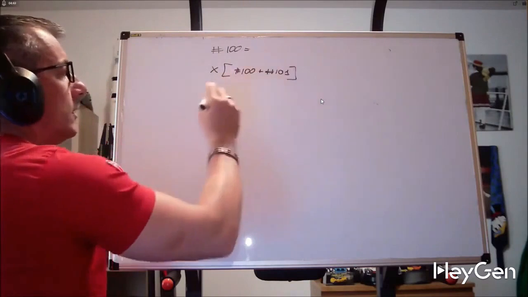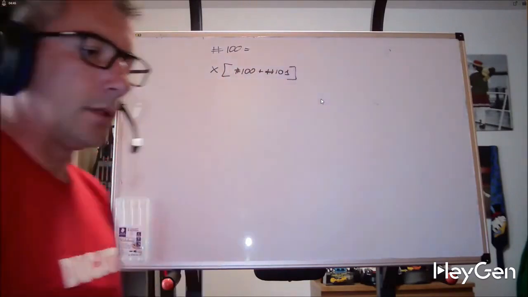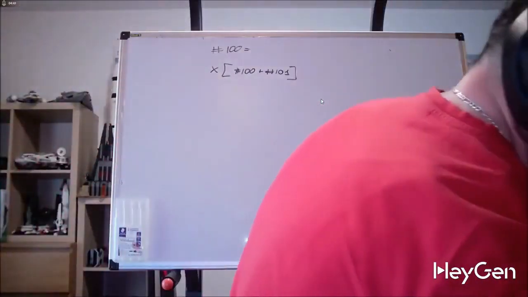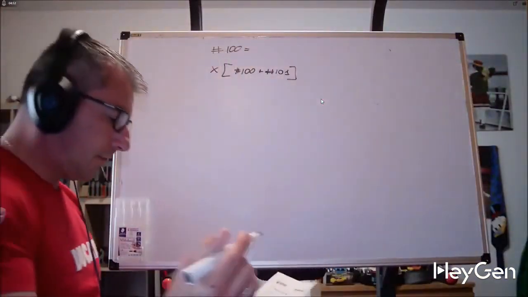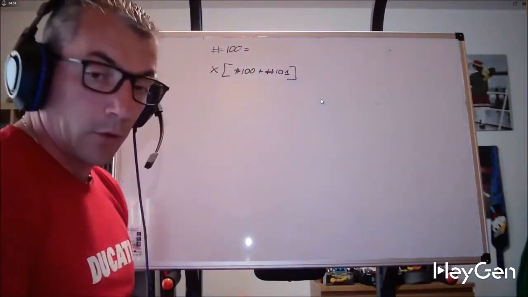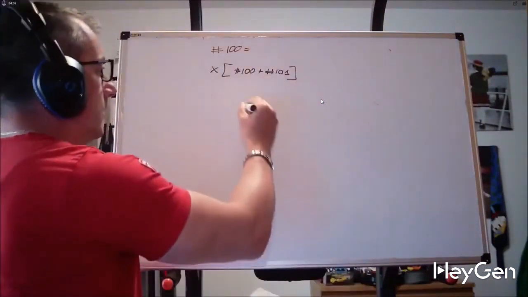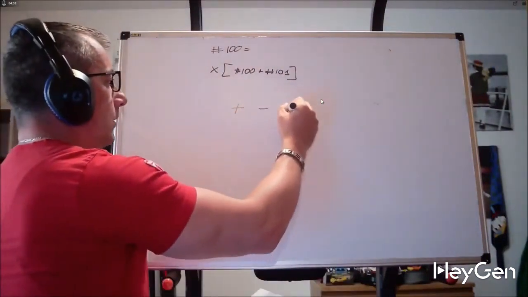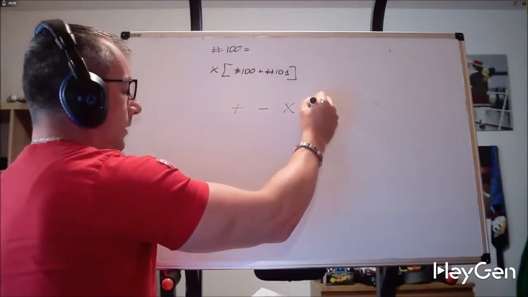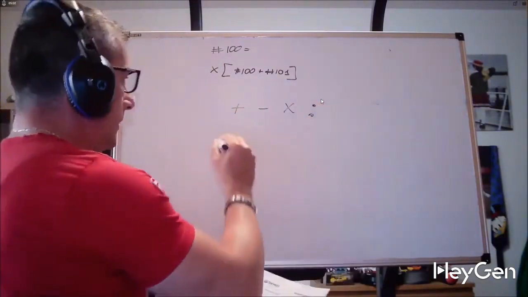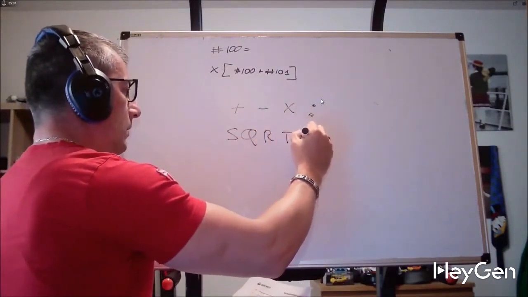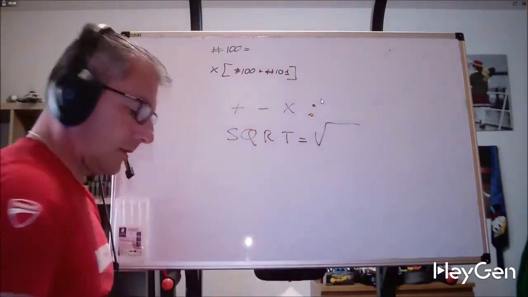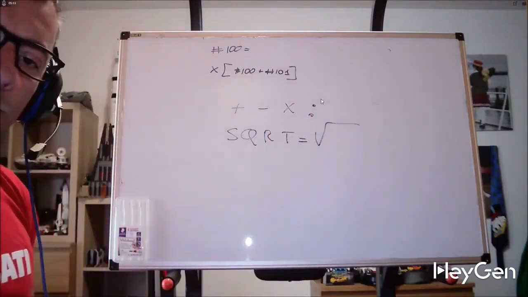This operation will determine the value of x. So, the main operations, always in FANUC, but all the other CNCs can do it too, obviously, are the plus, the minus, the times, the divided, and also SQRT, which means square root.